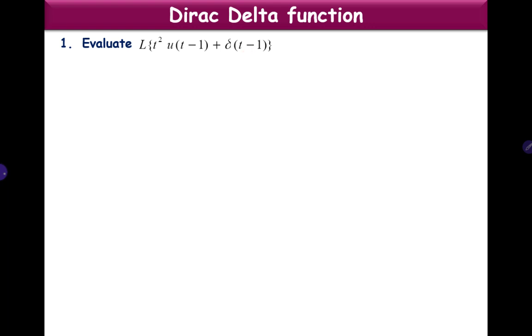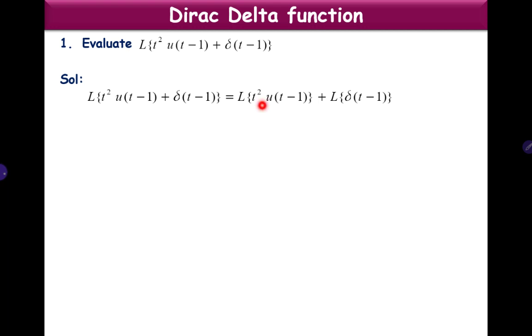To find the Laplace transform of this function, first we use the linear property of Laplace transform and write it as L of t square into u of t minus 1 plus L of delta of t minus 1. We have L of delta of t minus a as e power minus as, and in the second term here in place of a we have 1. So e power minus s will be the Laplace transform of delta of t minus 1. So the second term is very clear.